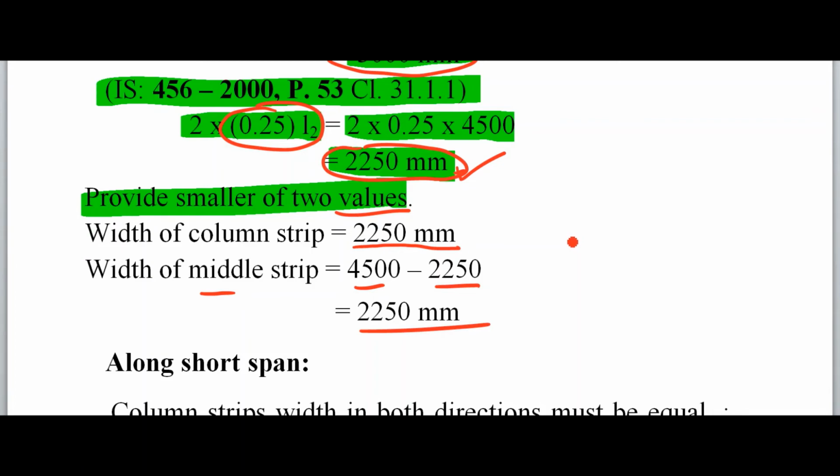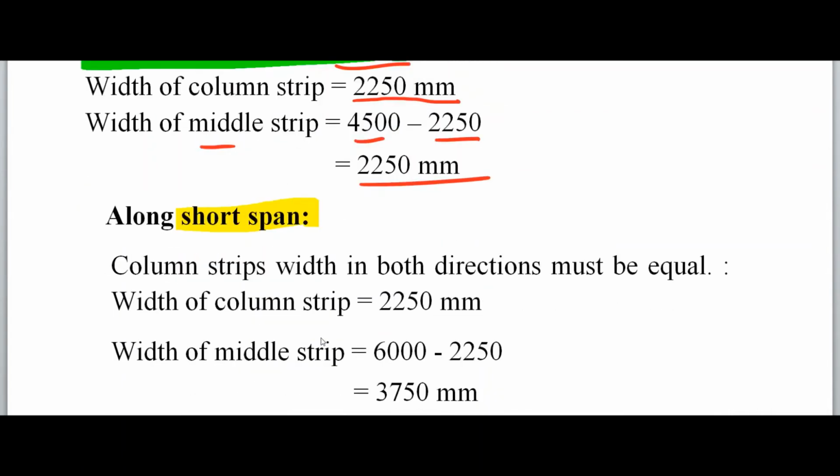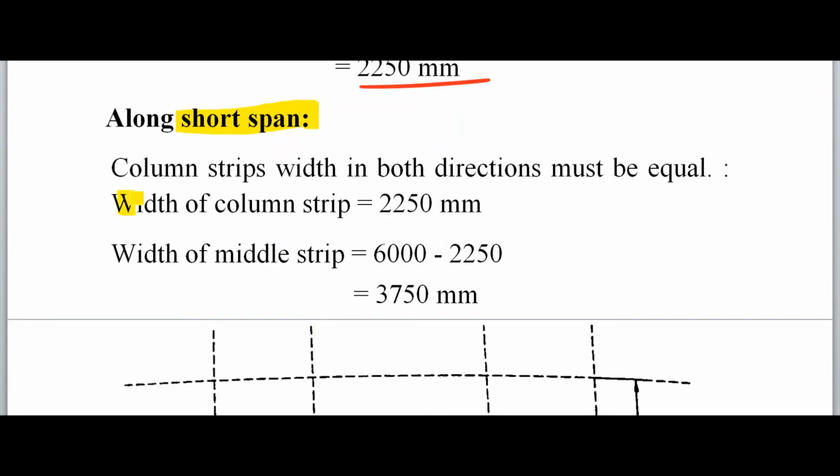Okay. Now we found the column strip along the longer span. Now we have the shorter span. So the width of column strip is the same, but the width of middle strip will be changed. 6000 minus 2250 is 3750 mm. Right? Column strip width in both directions must be equal.